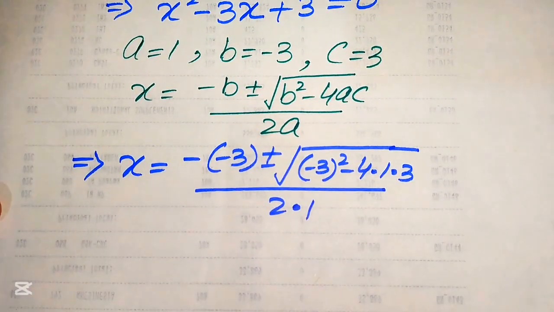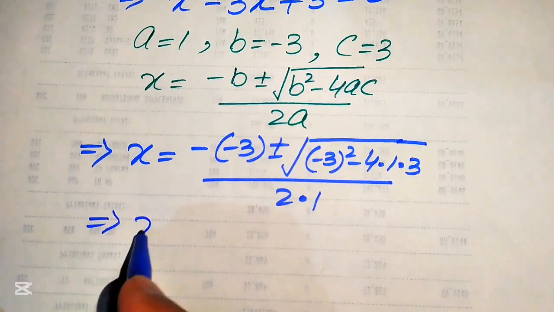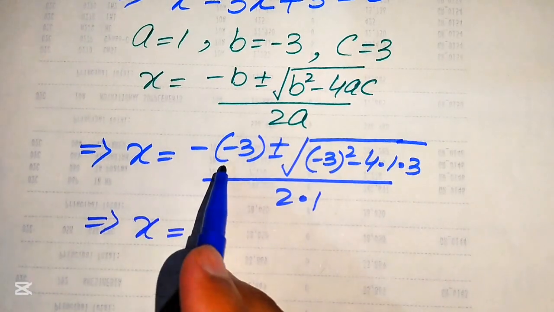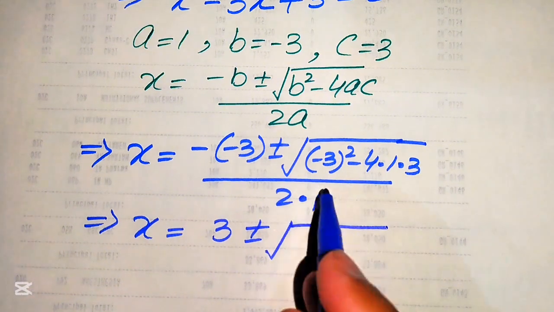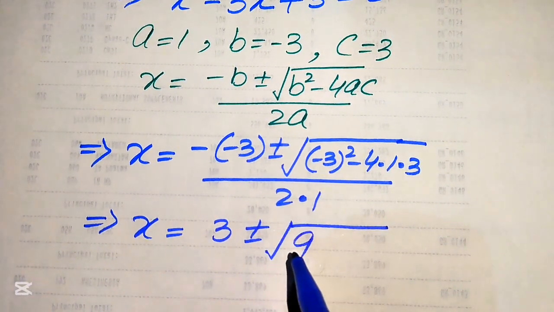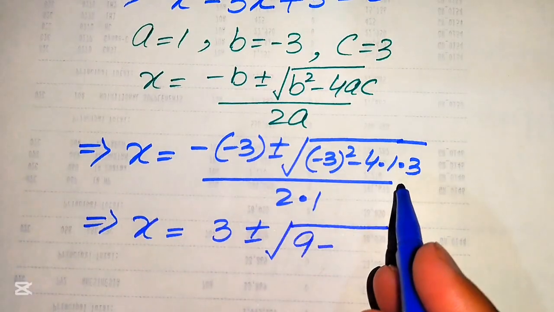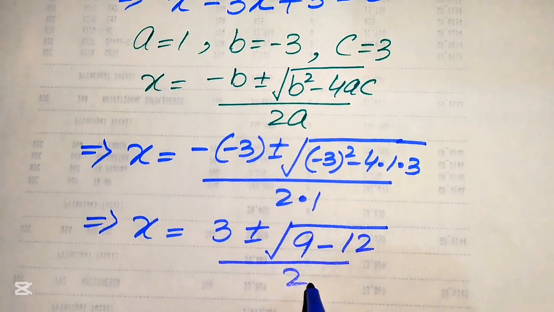Now in the next step we need more simplification, and it will be written as x equals, minus times minus becomes plus 3, plus minus square root of minus 3 square which equals 9, and 4 times 3 becomes 12, divided by 2.